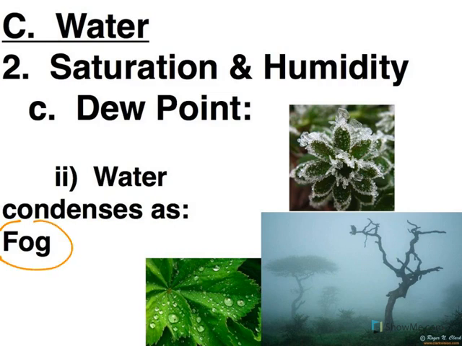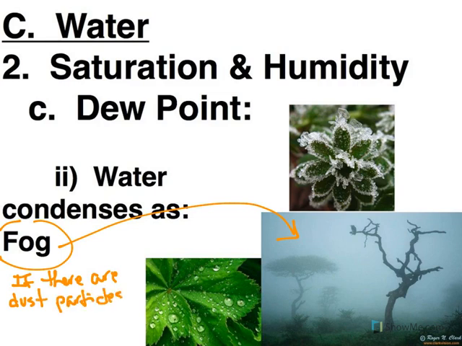Fog. This is going to happen if there are particles in the air, usually dust particles, because the water needs something to condense around. And so if you have dust particles in the air, then the water condenses around those little dust particles.